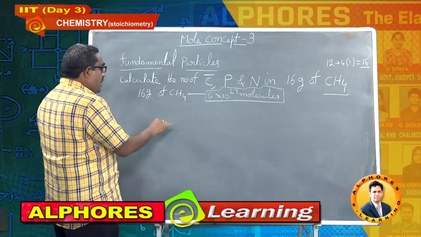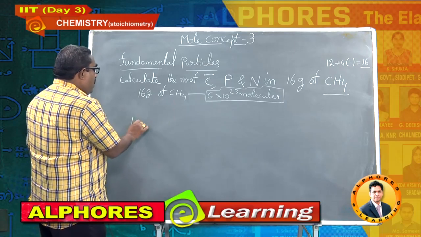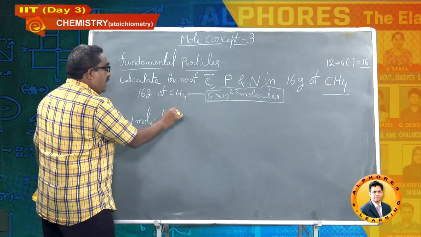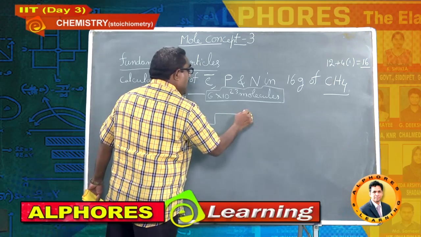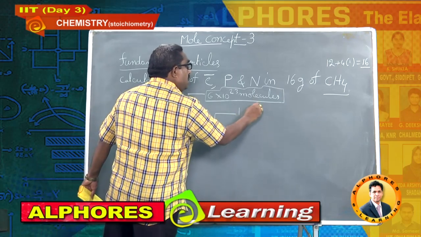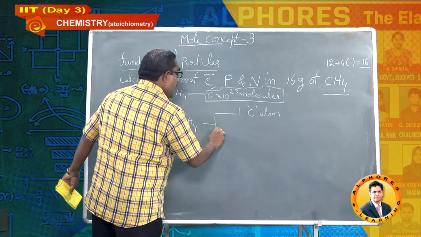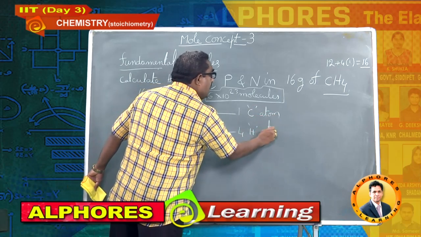Okay. Now, I am going to take one molecule of methane. It contains one carbon atom and 4 hydrogen atoms.